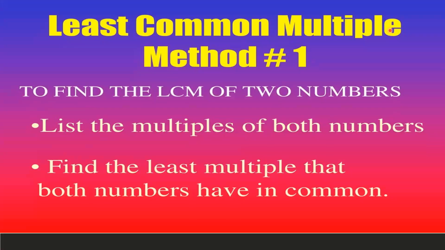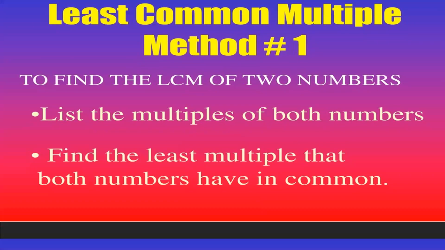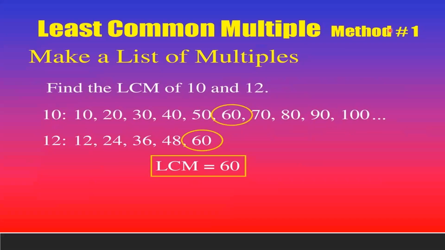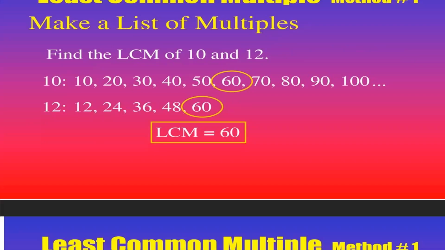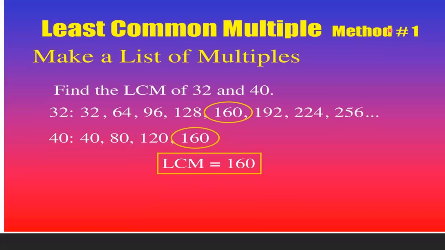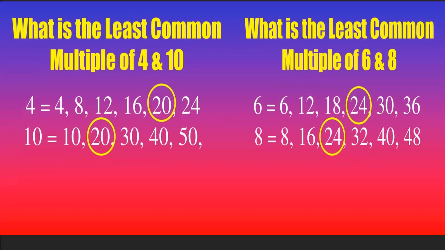Method 1: list the multiples of both numbers. Find the least multiple that both numbers have in common. Make a list of multiples like what you see on the screen. That is a list of multiples of 32 and 40.